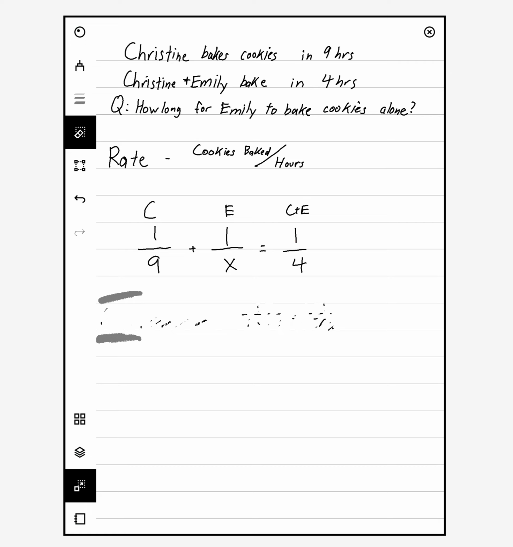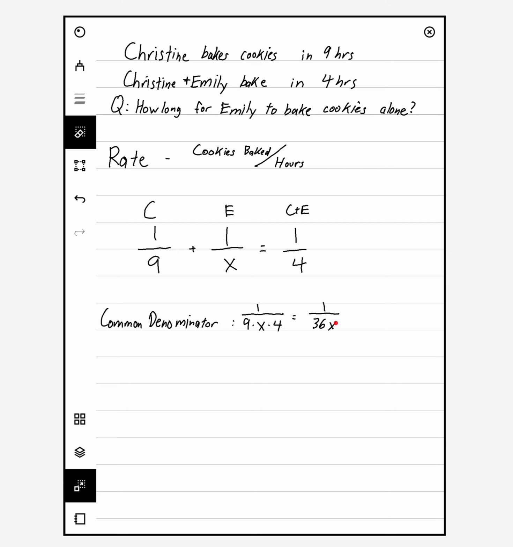All right, let's go to the next part. So in order to solve this and figure out what x is equal to, we're going to need to figure out the common denominator. Because right now we have 9x and 4. So we can't just add these different fractions together unless they have the same denominator. So right here, this is going to be the common denominator. We have everything over 9x and 4.